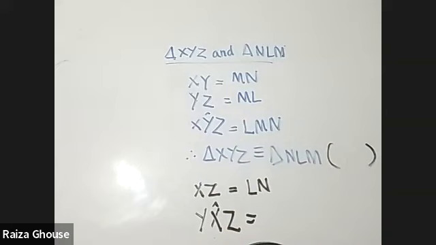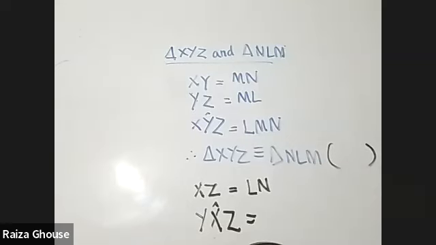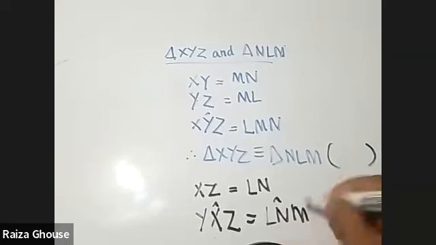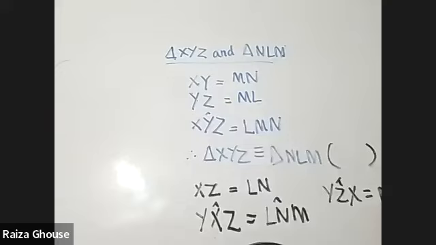Oh, you have a poor connection. Yeah, it is equal to which angle, Rukaiya? LNM. Okay, LNM, correct. What is the remaining angle equal to, Rifana? YZX is equal to which one? NLM. Okay, NLM. What is the case of congruency, Rishma?